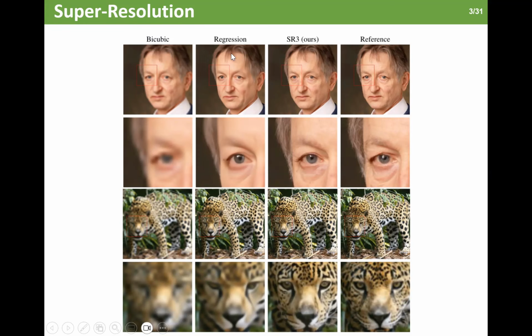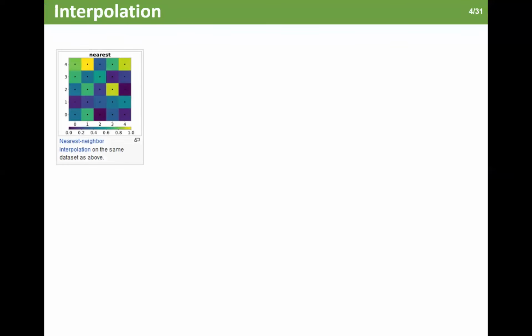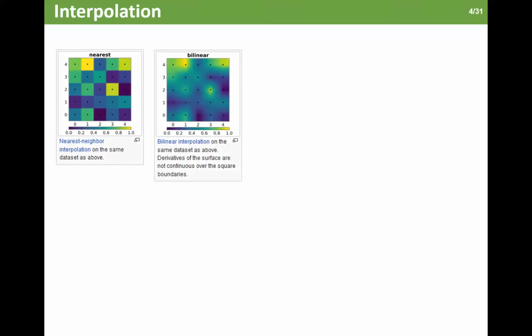And these other methods, regression, and in this paper, the reference, this is a super resolution here. So let's see. So normally interpolation, the simplest is just the nearest neighbor, which is just blow up the pixels. But bilinear is a little bit better.